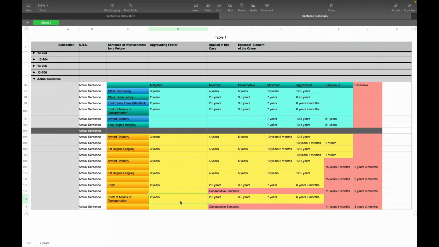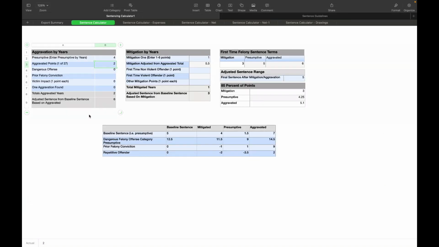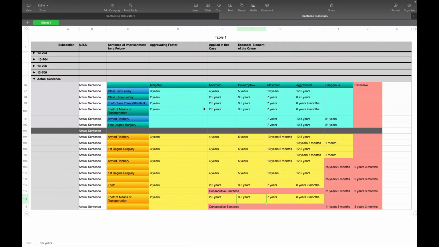We will assume that the aggravation is applied. So for the theft of means, the presumptive number according to the statute is 3.5 years. That is the number that we will begin running this sentence against. 3.5.